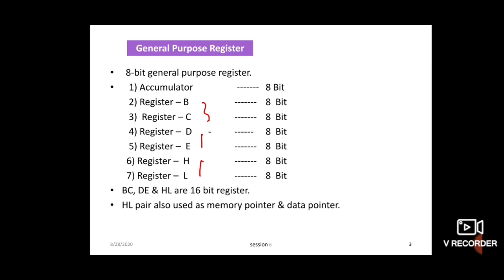The higher order byte resides in the first register, that is B when BC is used as a register pair, and the lower order byte in the second, that is C. And the HL pair is used for memory pointer or data pointer. Is it clear? These registers are like variables in C++.